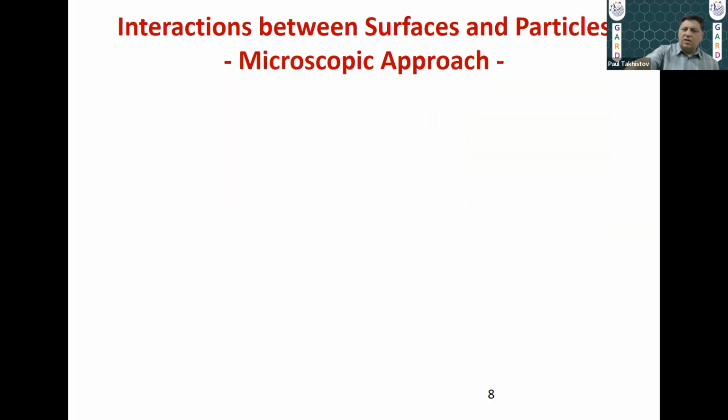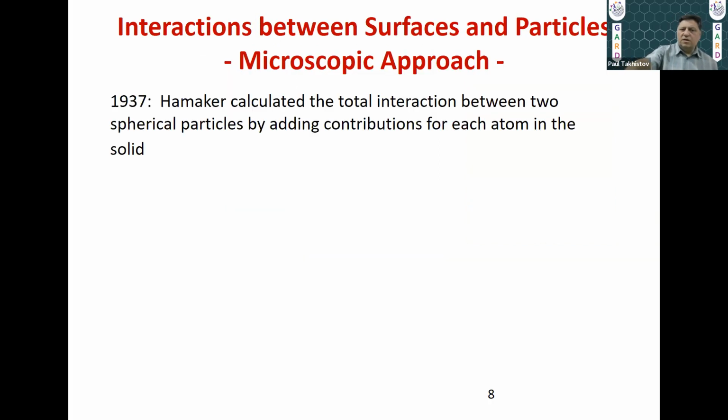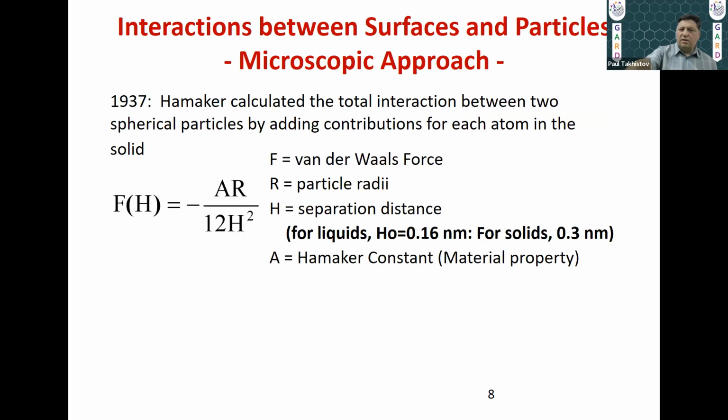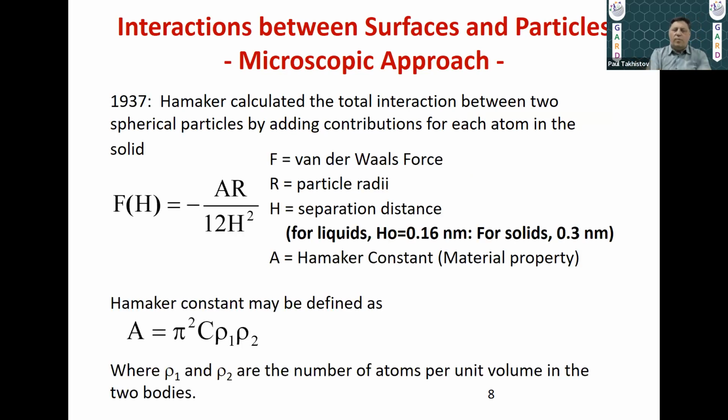It took another 30 to 40 years until Hamaker calculated the van der Waals interaction forces, and he came up with an extremely interesting conclusion. He used the so-called Dirac approximation, calculated all pair interactions in the material, and found that the forces decay much slower.